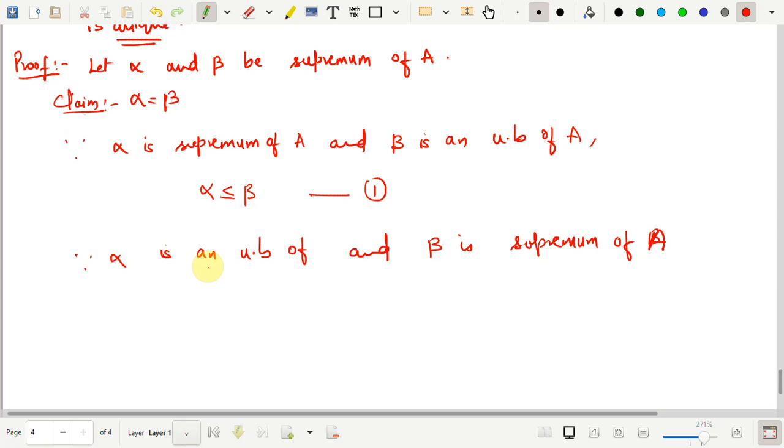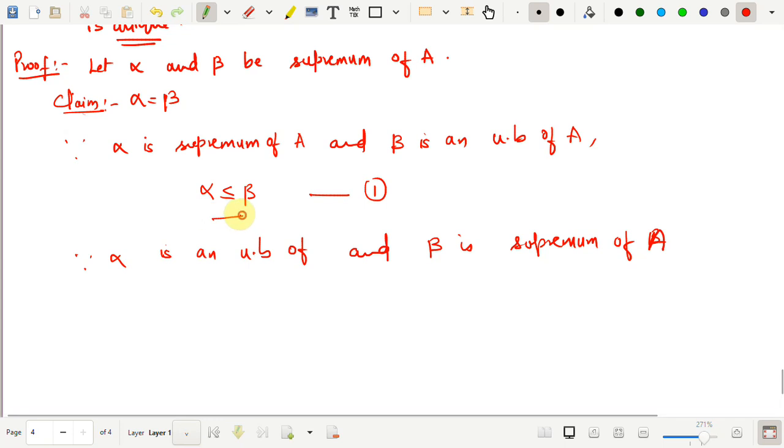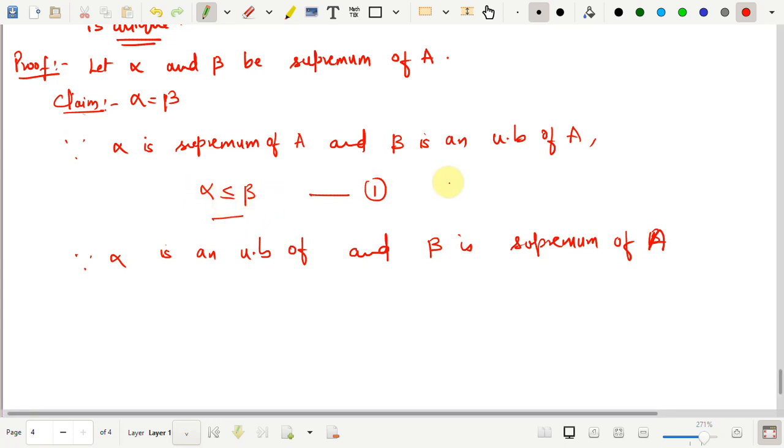Basically what is happening, you are given much more superior statement of alpha and beta. You are having alpha and beta are supremum, but in the first statement I am simply using one quality of beta, that is beta is an upper bound of A, and alpha I am considering as the least upper bound of A, and so we have this relation, least is always less than or equal to any other upper bound.